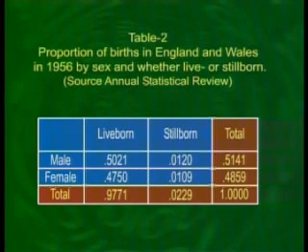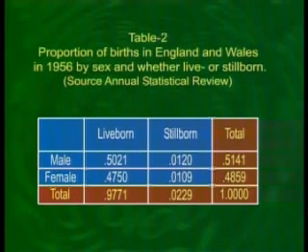If we look at the last row of the table, the first probability 0.9771 is the probability that a baby is live-born, whereas the second marginal probability 0.0229 is the probability that a baby is stillborn.